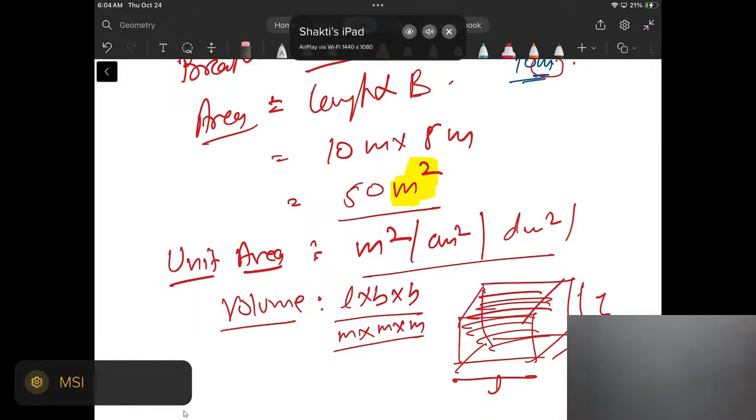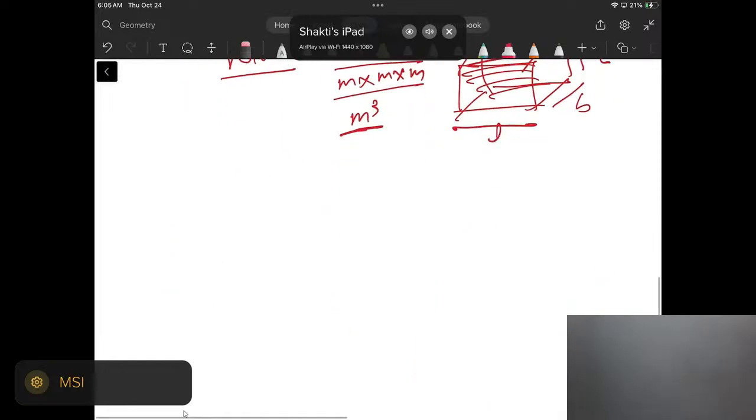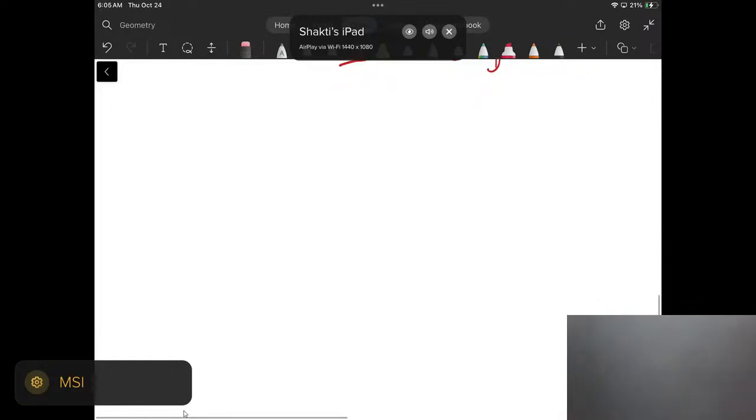So the unit of volume will be meter cube. Always be conscious when computing any of the standard quantities; you have to write the units.